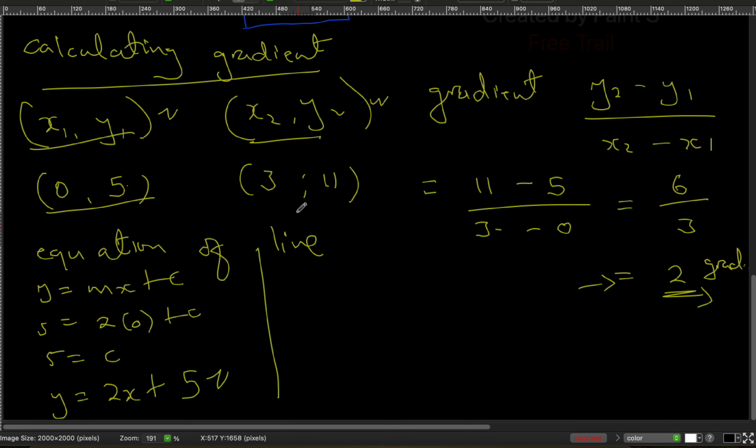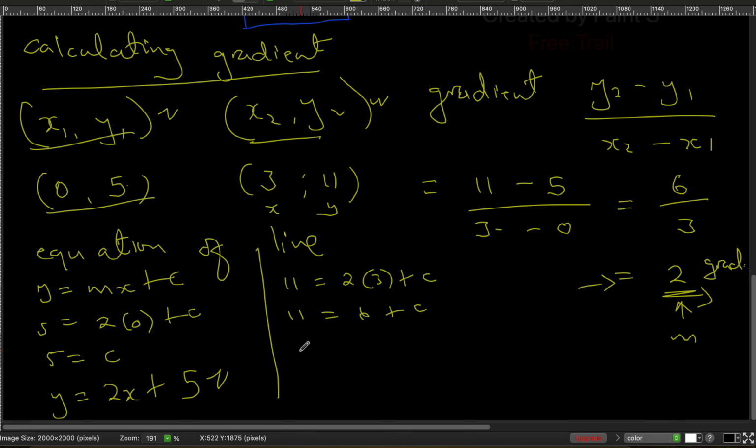So let me test again with this point. This is my y, this is my x. So we are now saying 11 is equal to m, which is 2, times 3, plus c, which I don't know. So now I have 11 equals 6 plus c.